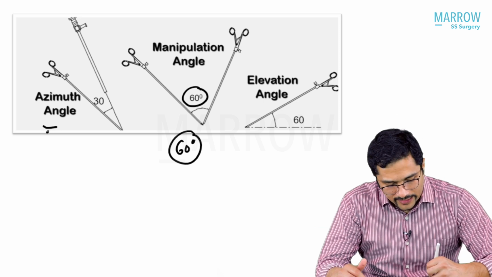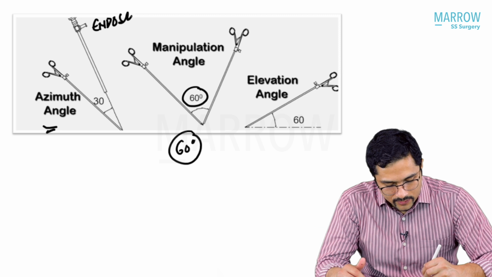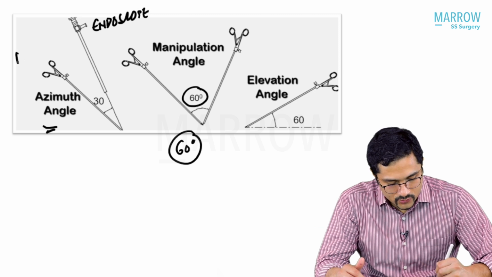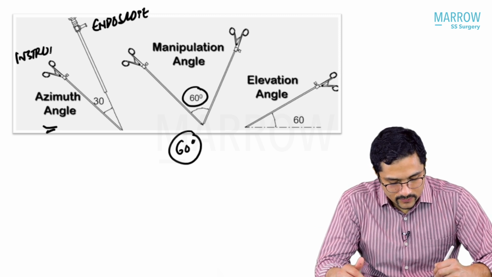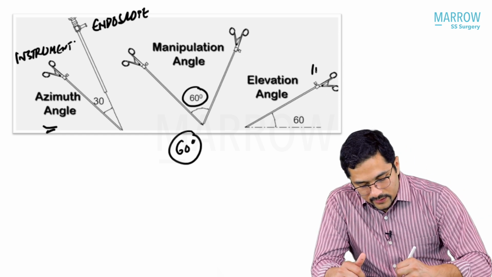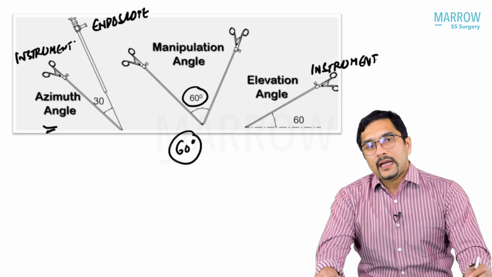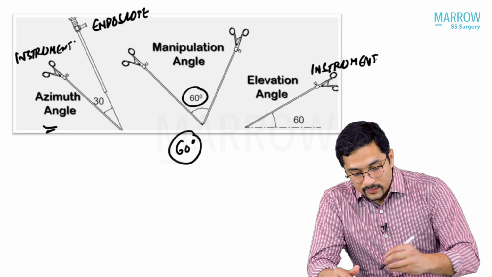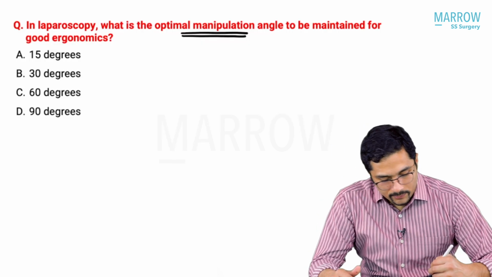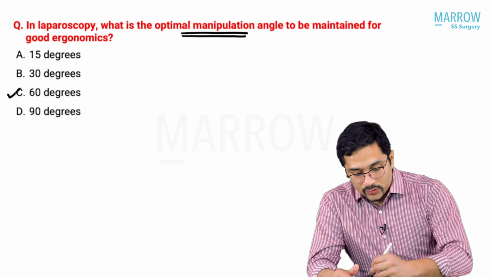The azimuth angle is the angle between the endoscope, the camera, and the instrument, and the elevation angle is between the instrument and the horizontal plane.